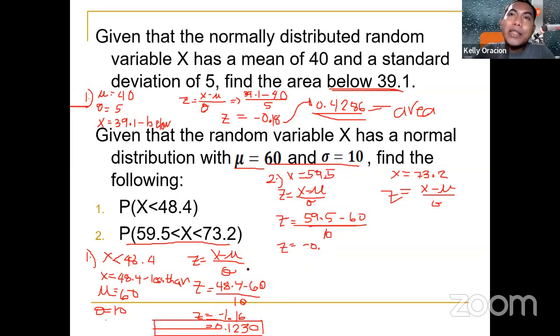So what's your final answer? Negative 0.05. Okay, thank you so much, Sian. The z-score is negative 0.05.